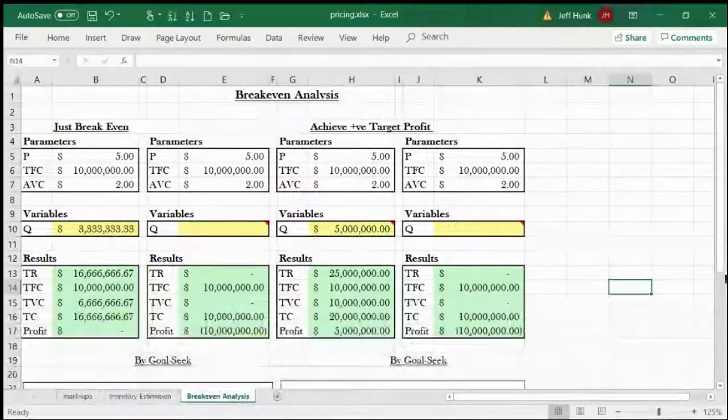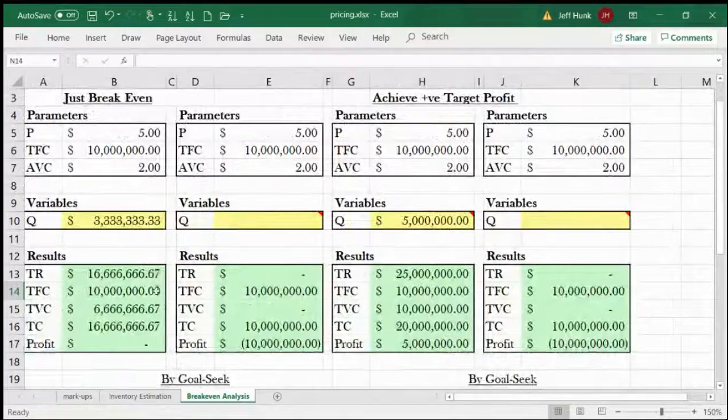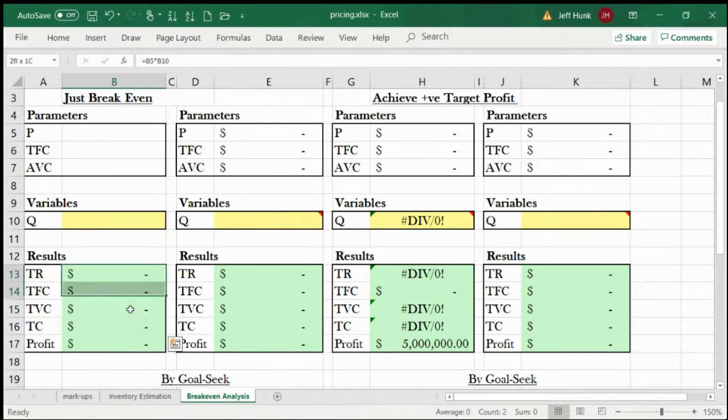Here, let's go to break-even analysis. This box is the box of given data or parameters, for example price, this is the total fixed cost, and this is the average variable cost, meaning the per unit product cost.